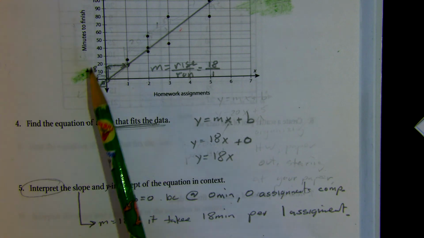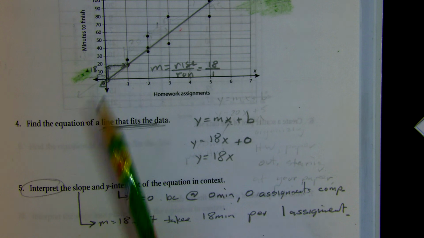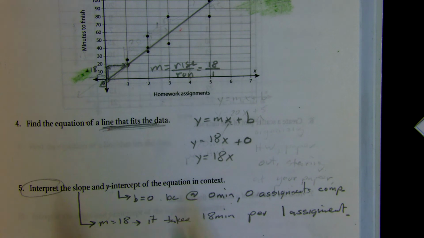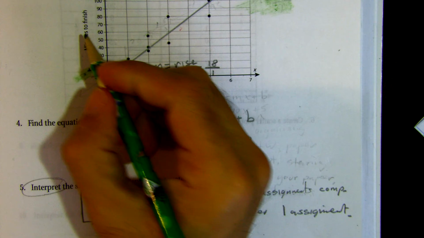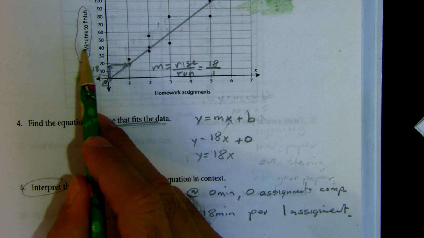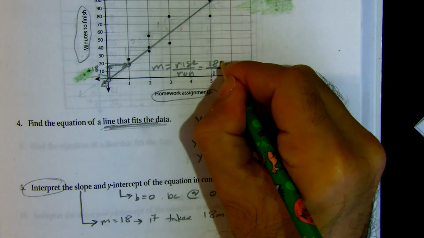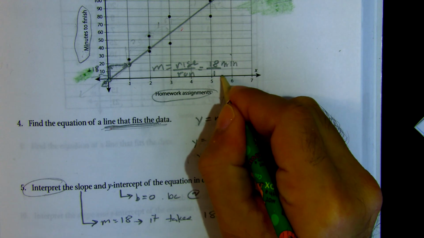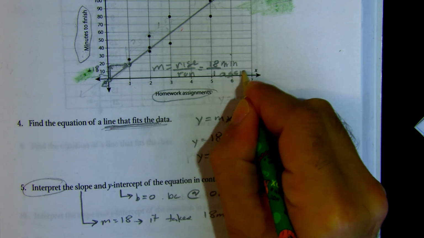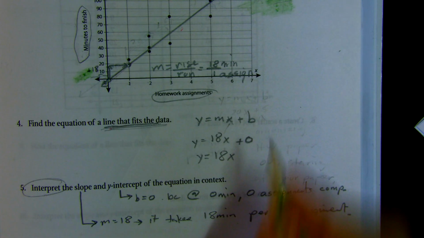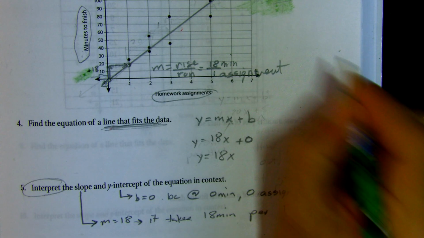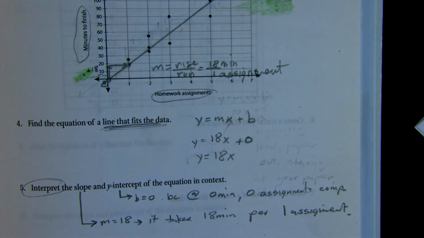What does it mean that 0 is my y-intercept? What does it mean that my slope is 18? That slope is probably the hardest, but the slope has to do with minutes per assignment. 18 minutes per one assignment. That is how we know what the slope is talking about.